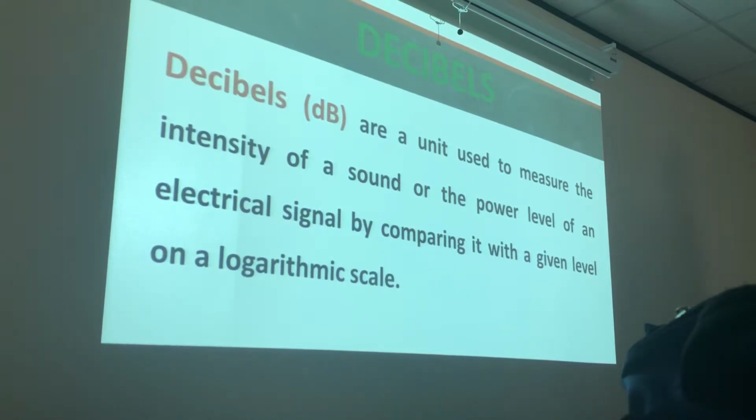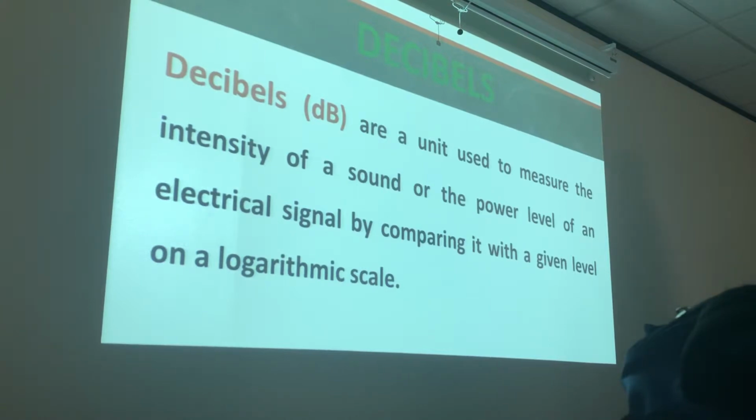All right. So, let's talk about decibels, guys. Decibels are a unit used to measure the intensity of sound or the power level of an electrical signal by comparing it with a given level on a logarithmic scale. Again, guys, decibels are underneath the umbrella of a logarithmic scale. Okay?